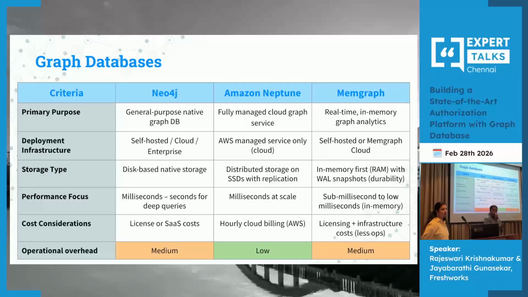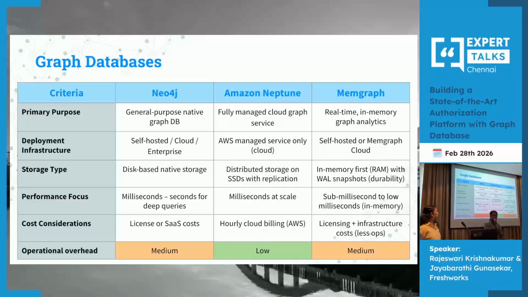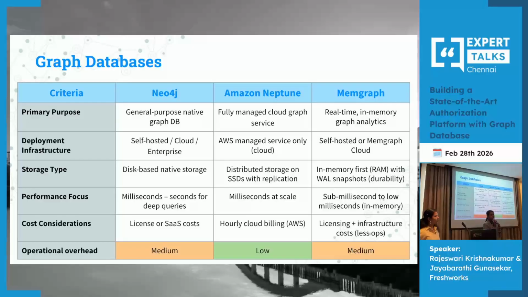There were multiple criteria that we looked at to decide which should be the ideal among these three. In terms of Neo4j, it was the native graph DB. When we think about graph databases, most people will first think about Neo4j. They were the pioneer in the graph database world.